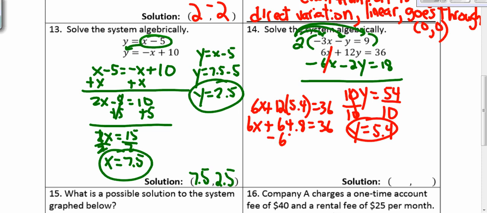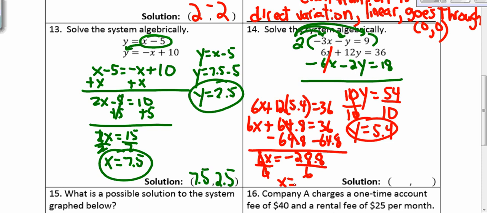Then you subtract 64.8 from both sides, and this cancels here. You have 6x equals negative 28.8. And divide by 6. x equals negative 4.8. So your solution is negative 4.8 and 5.4. Ooh, that's bad.